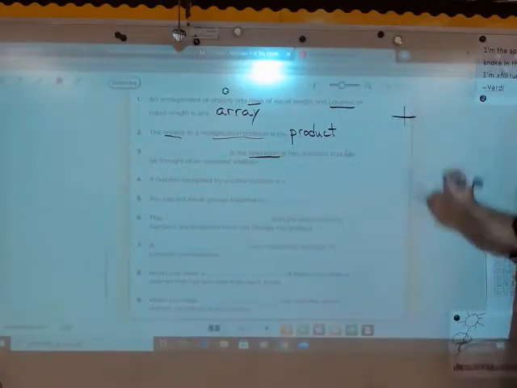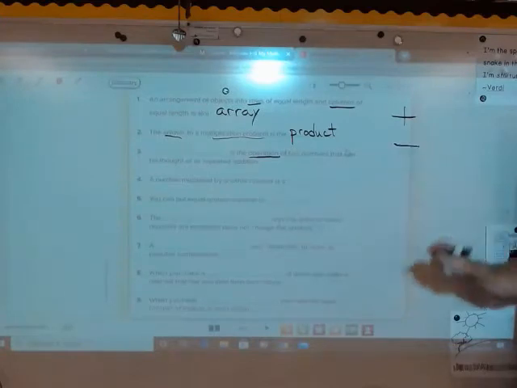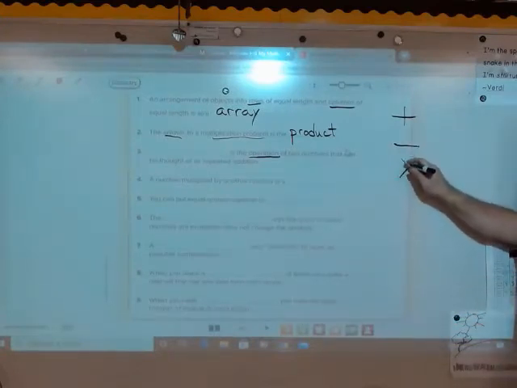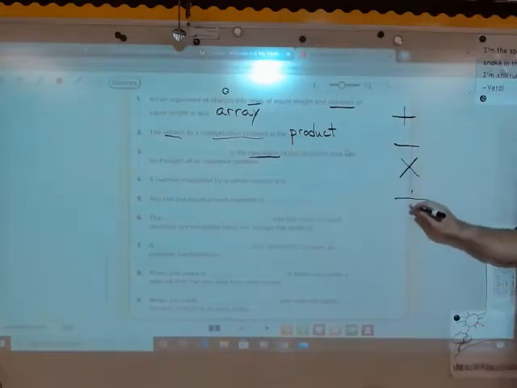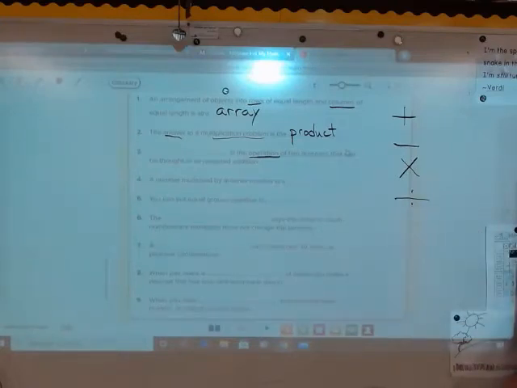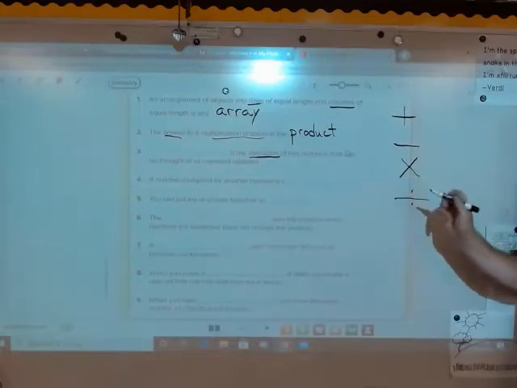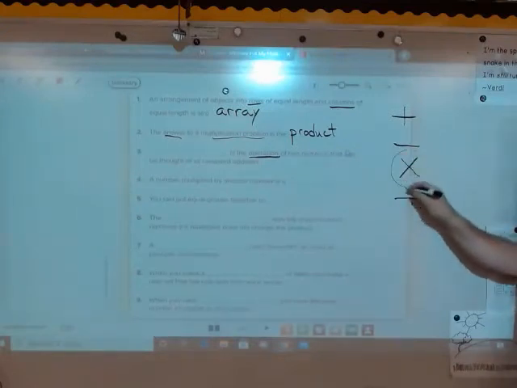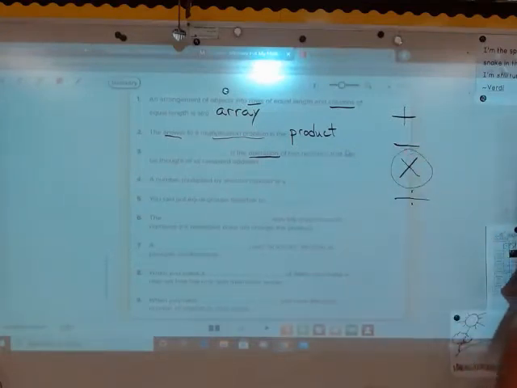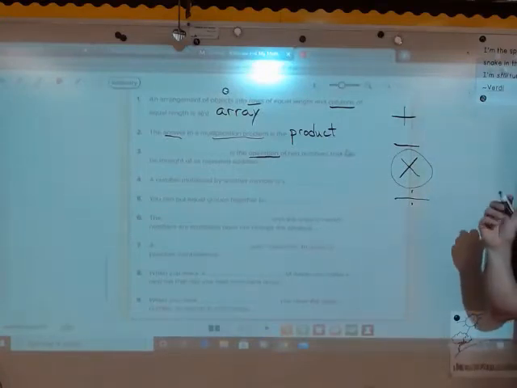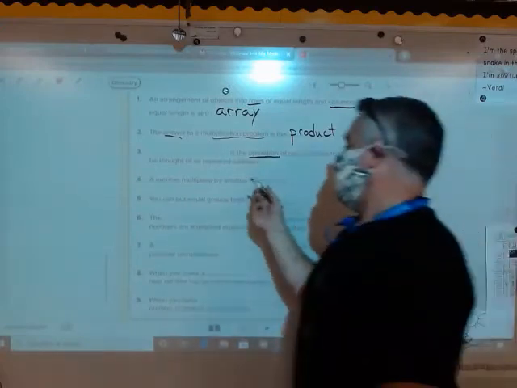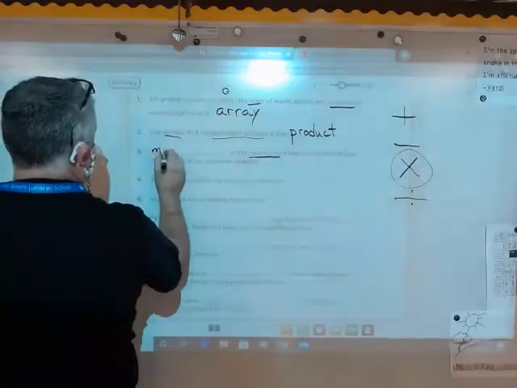There's this one, there's this one, there's that one, and there's that one. The operation that can be thought of as a repeated addition is this one, right? What do you call that operation? Multiplication. So that's what it should be for number 3.